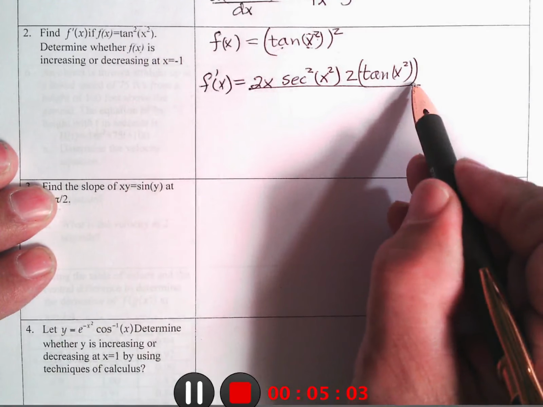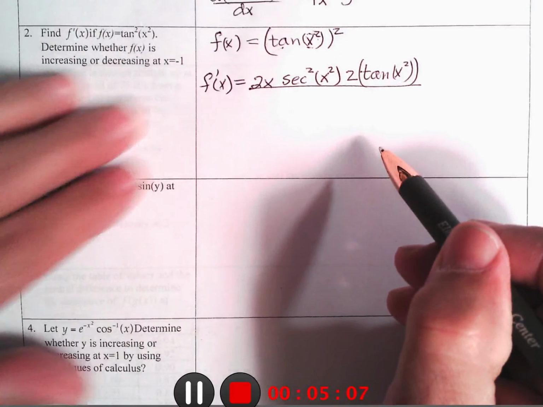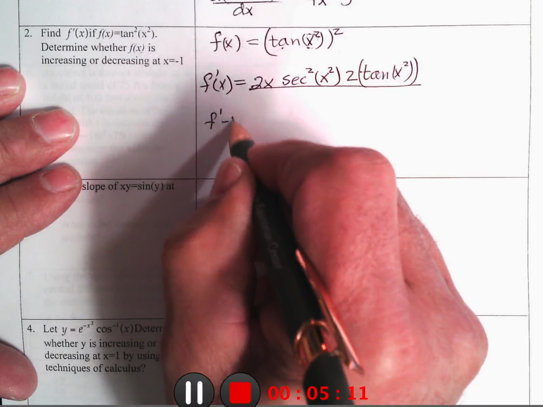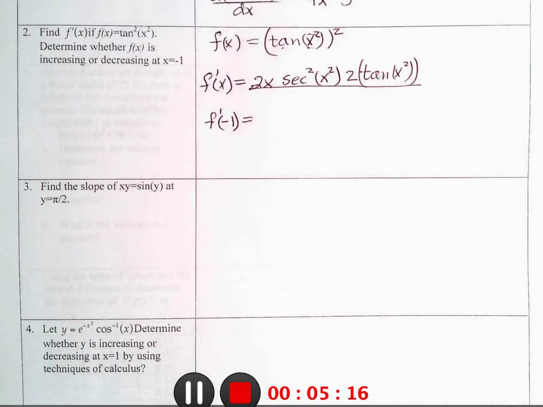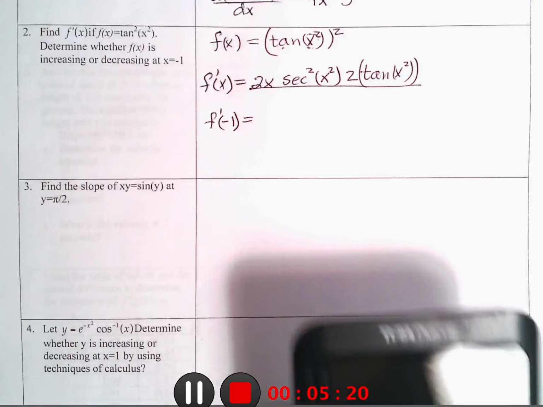And then it says determine whether it's increasing or decreasing at negative 1. So we're going to find f prime of negative 1. Now, I suggest, since you're putting in a negative, and people often forget that, let me demonstrate this here.